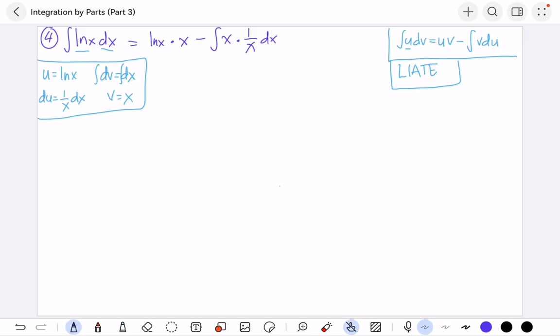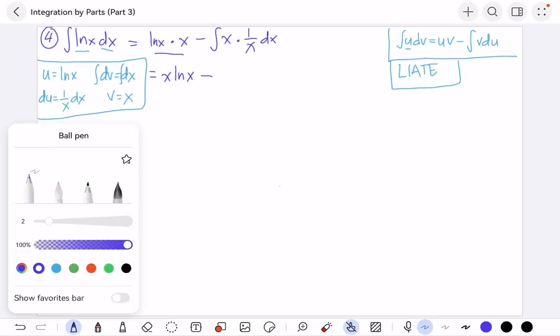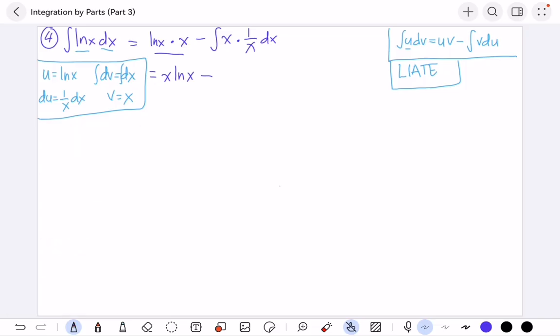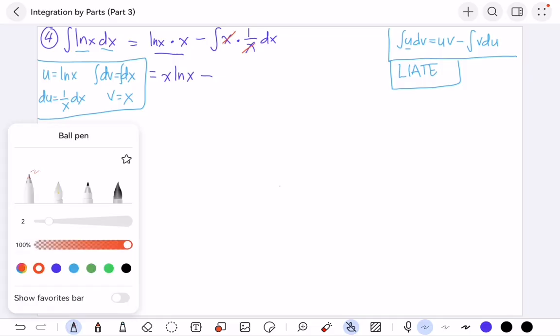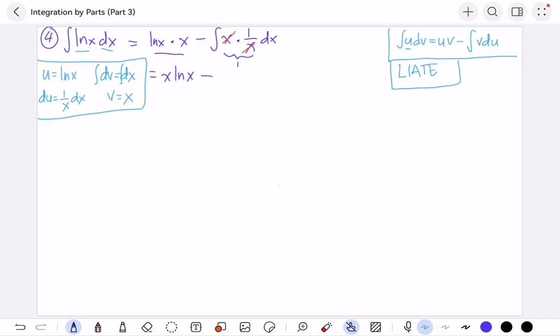Proceeding, I will have x ln of x minus, simplifying the integrand, x over x is just 1. So the integral of 1, you're left with 1. So the integral of 1 is x plus the constant of integration c. So this is the final answer.